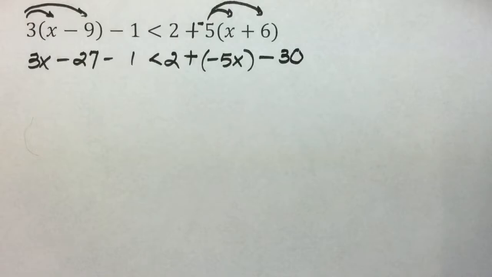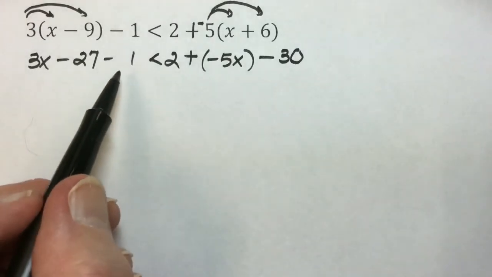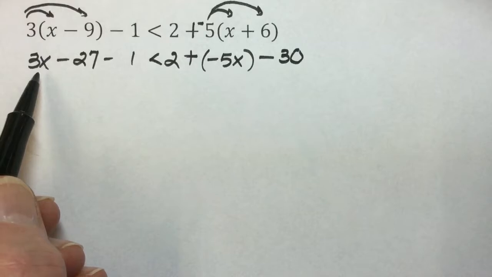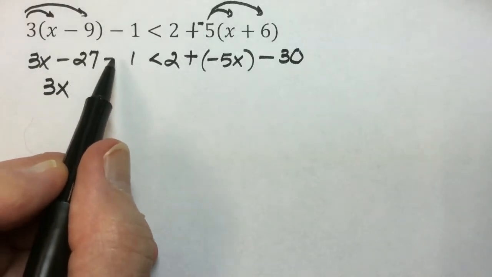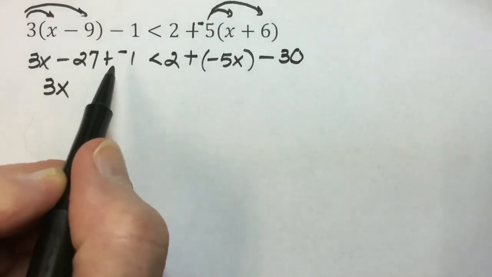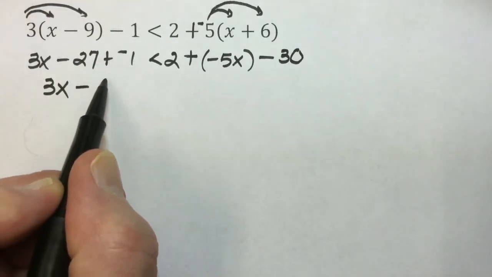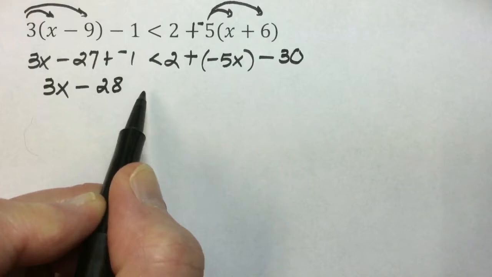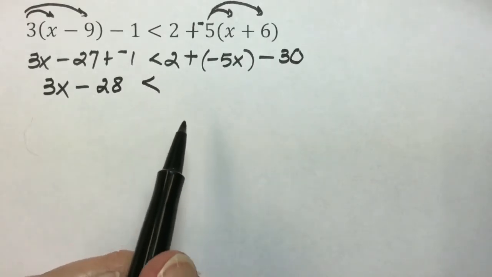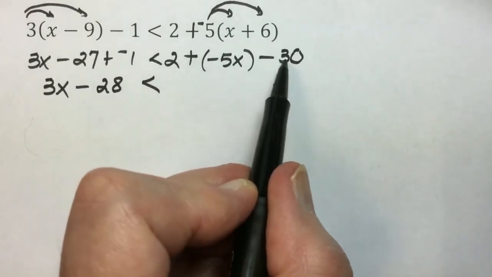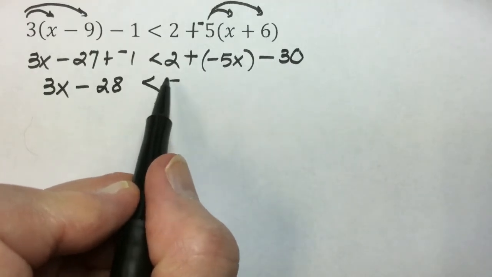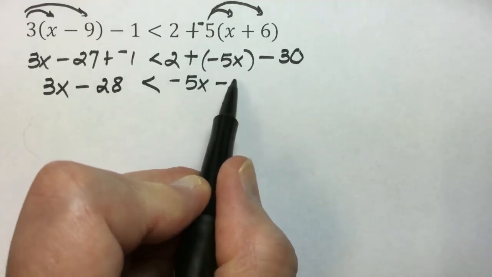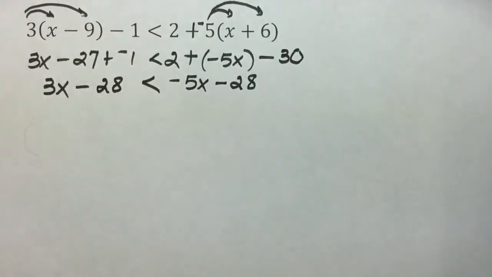Simplifying further, our next step is to simplify both sides by combining like terms. We have integers, negative 27 minus 1, or plus a negative 1, which leads us to a negative 28 for an equivalent value. On the right-hand side, we have 2 minus 30, or plus a negative 30, which is going to leave us with our negative 5x and a negative 28.